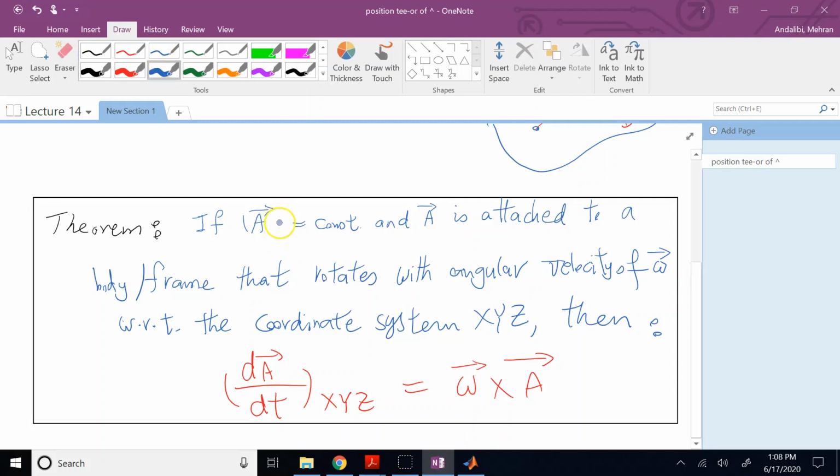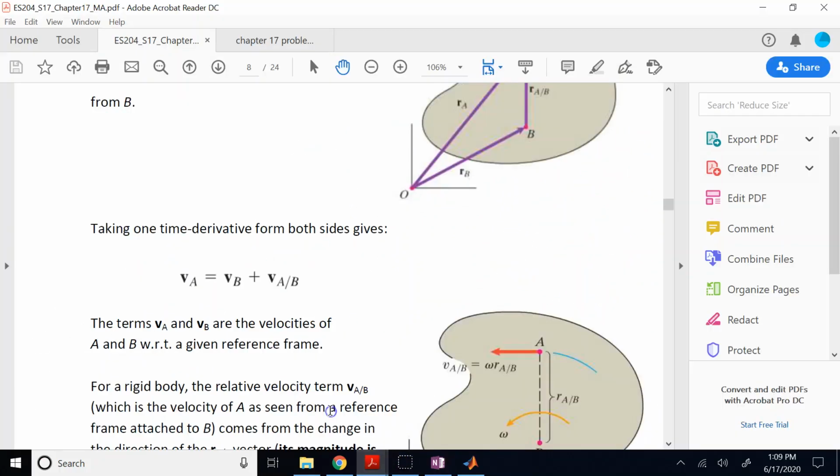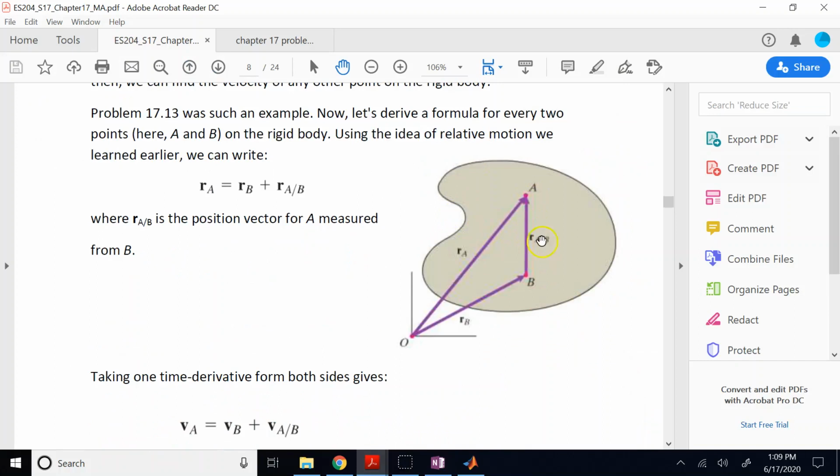So if we have a vector with constant magnitude, and the only change in the vector is its orientation because it is attached to a body, to a frame that itself is rotating with respect to our reference coordinate system with angular velocity omega, then the time derivative of that vector in this coordinate frame XYZ is omega cross A. And that's the same thing that happens here for this vector R of A with respect to B.